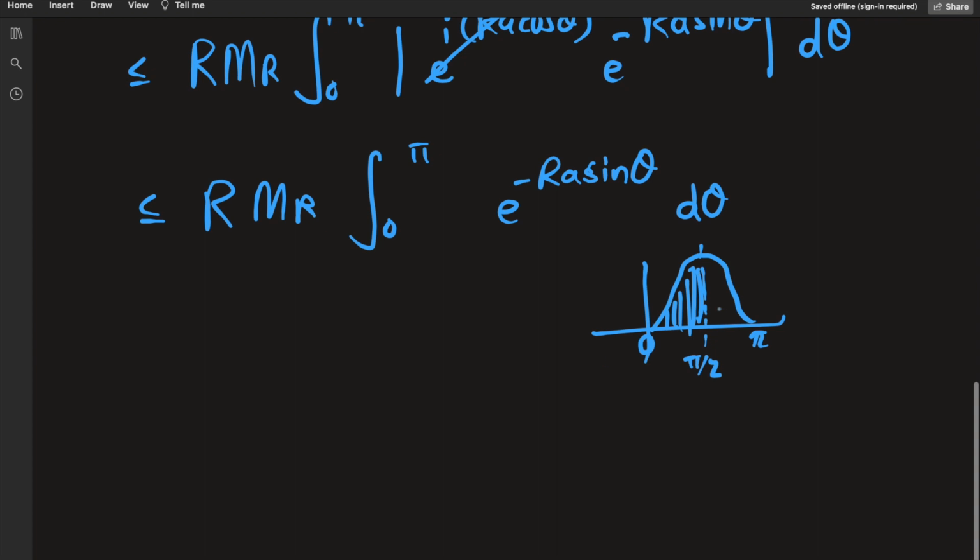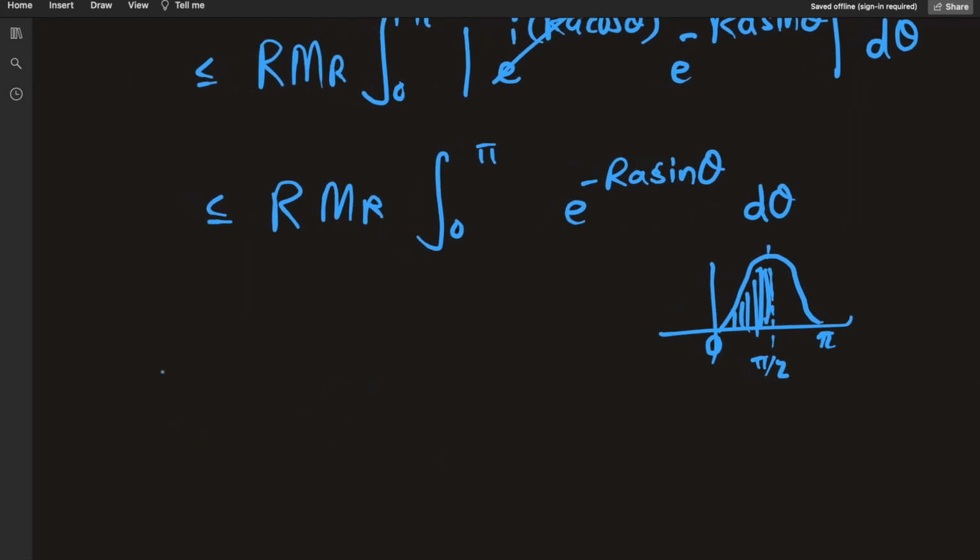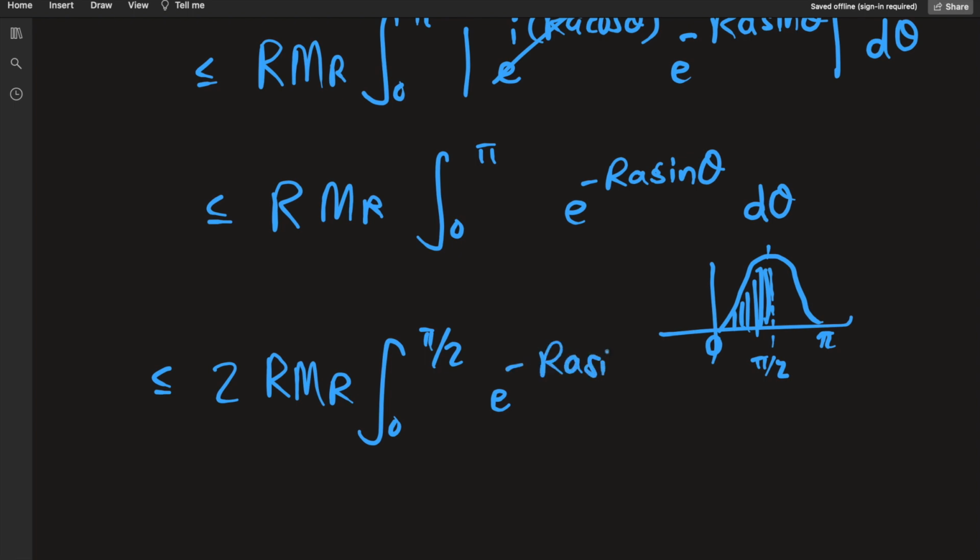It's just the increasing and decreasing happening, so the minimum value occurs first, and then here the minimum value occurs last. Because of that, I can see symmetry. The integral from 0 to pi just becomes 2 times the integral from 0 to pi over 2 of e to the negative r a sine theta.